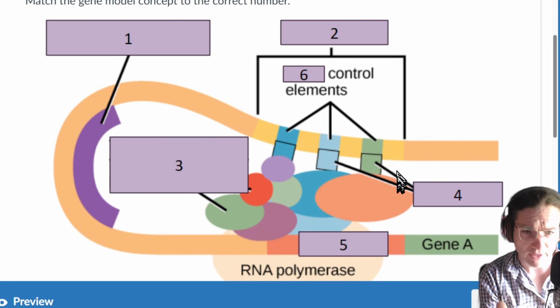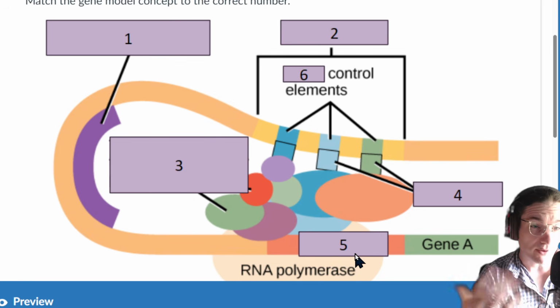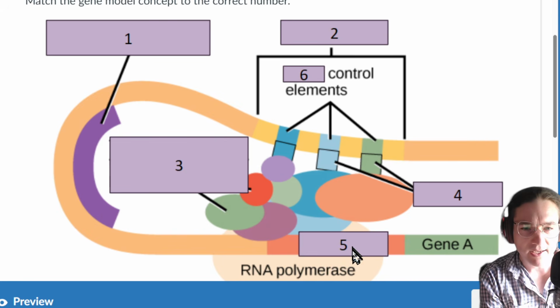It could have been like repressor or activator, but it needed to be one of the compounds that actually interacts with the enhancer. So that's kind of the specific thing that needs to go here. And then finally, the 5, that's going to be either promoter or untranslated 5' region or something along those lines. And if you had those as different options, you'd probably need to get some more clarification.